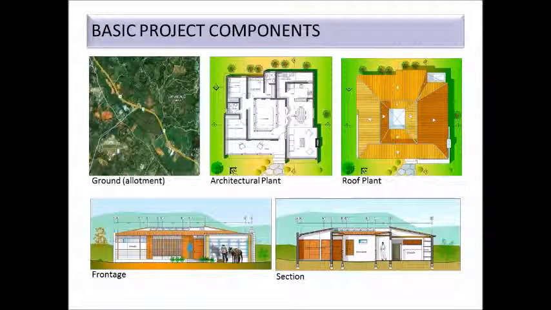The roof plan shows clearly how the building roof will be and where the water goes when it rains. There's also the frontage that shows the building aesthetics. The section shows what the building interior is like. The coloring line is demarcated in both architectural and roof plans, denoting its starting point and where it looks.